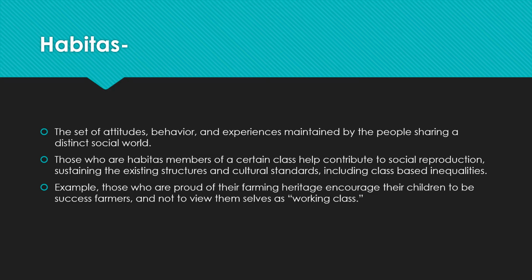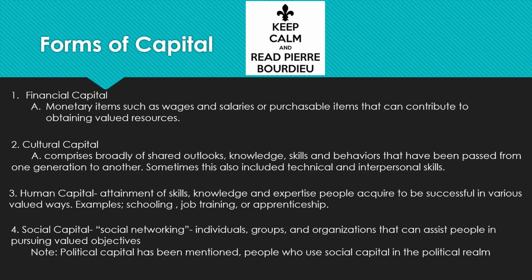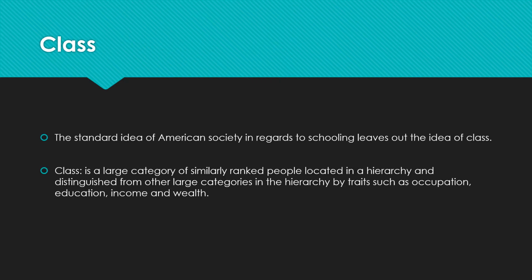An example of this could be those who are very proud of their farming heritage and encourage their children to be successful farmers and not to view themselves as just the working class. So instead of just thinking, oh, we're this type of class, they expect them to be very proud of what they've been a part of as a culture, as an existing structure, being a farm, such as the Democrats and the Republicans.